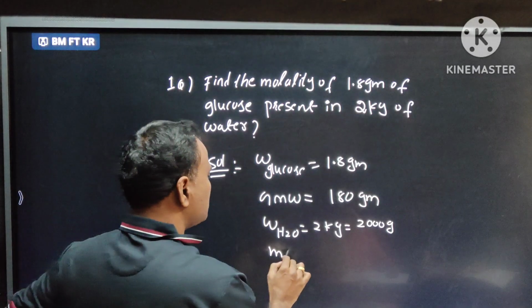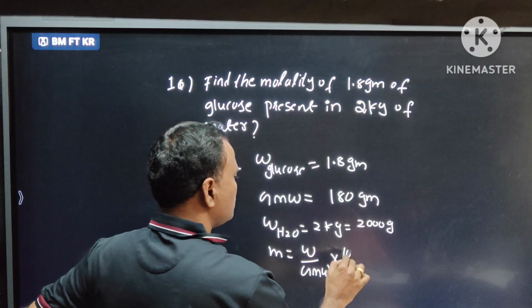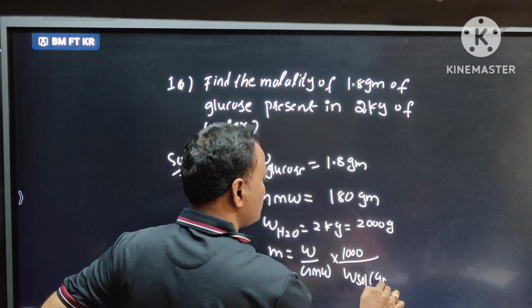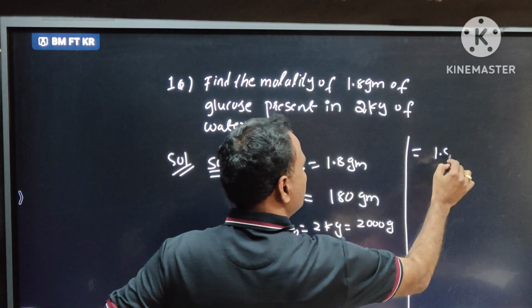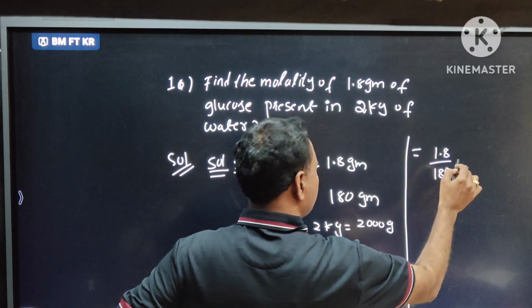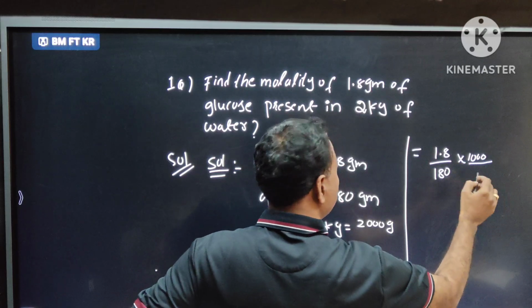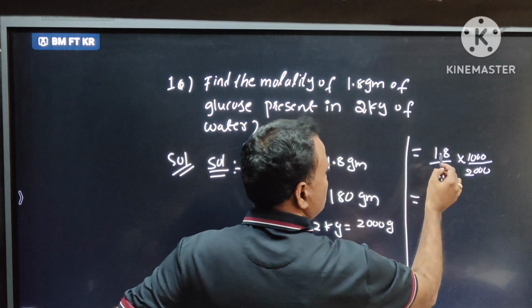So molality is equal to weight by gram molecular weight into 1000 by weight of solvent in grams. Substitute: 1.8 divided by 180 into 1000 by 2000.